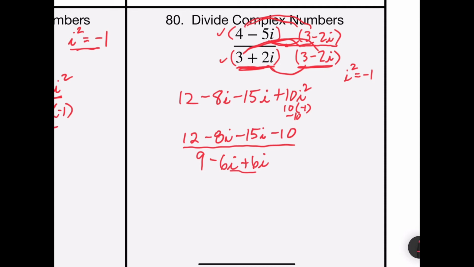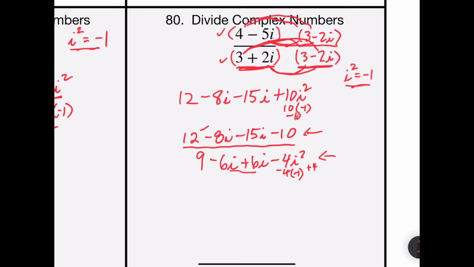And 2i times negative 2i is negative 4i squared. But again, i squared is negative 1, so this negative 4 will be multiplied by negative 1, which will give me a positive 4. So let's combine like terms in the numerator and combine like terms in the denominator.